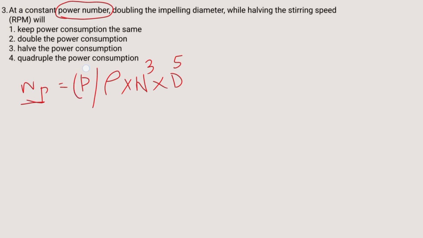It is the power that is consumed by the impeller when the impeller is running, how much power it is taking. So its unit is watt, and rho is the fluid density.